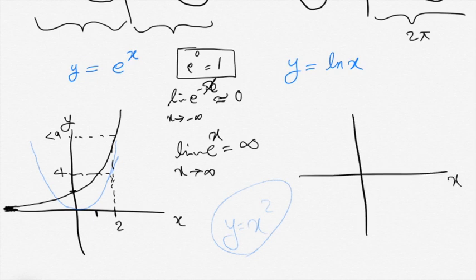And also you can talk about ln of x, which again you can say that, okay, how can we find the value for y which is minus something? It's impossible.